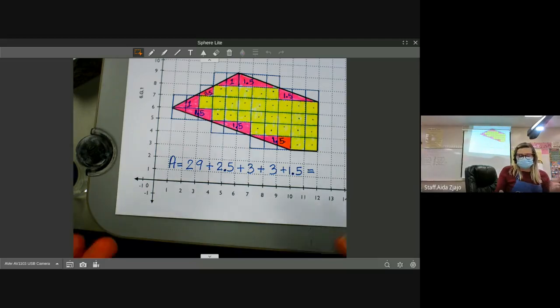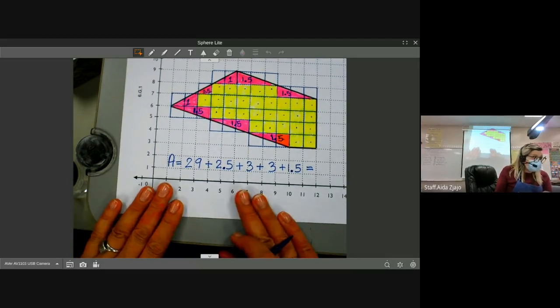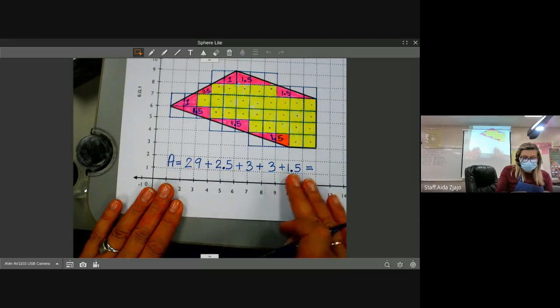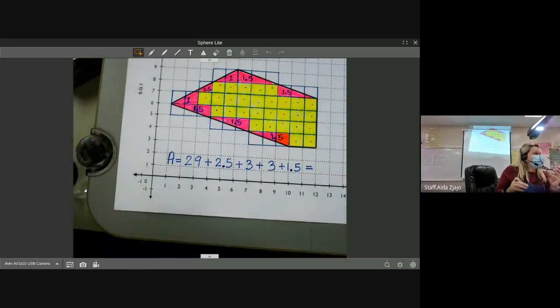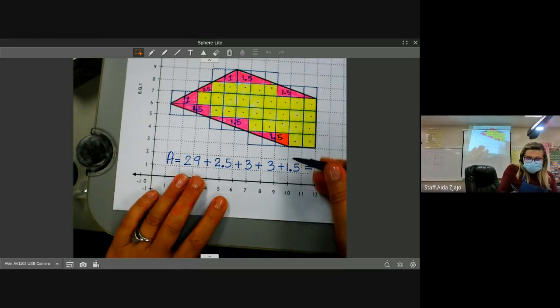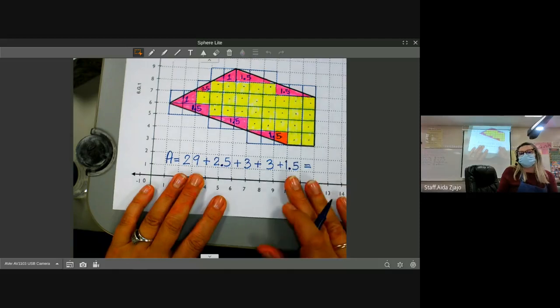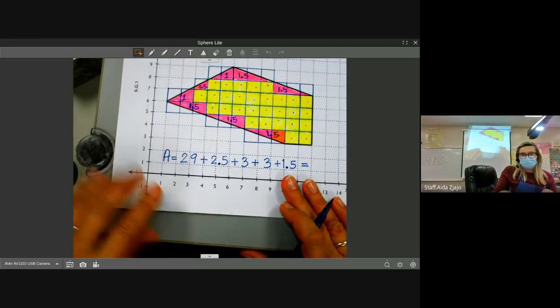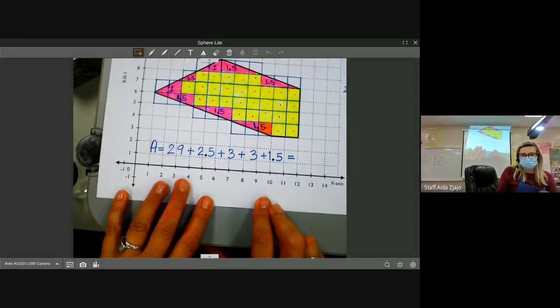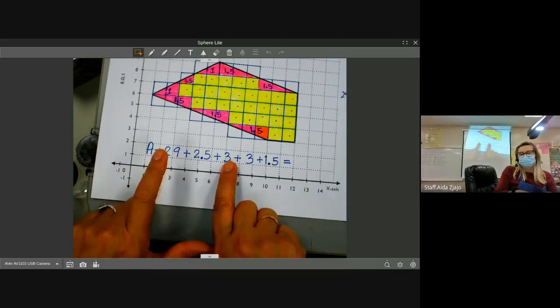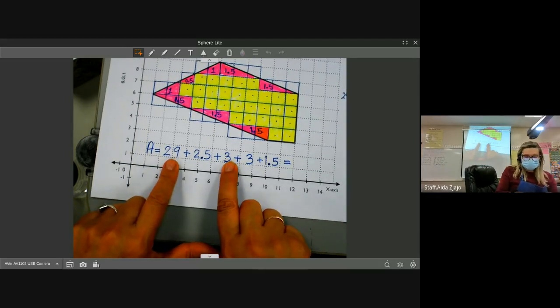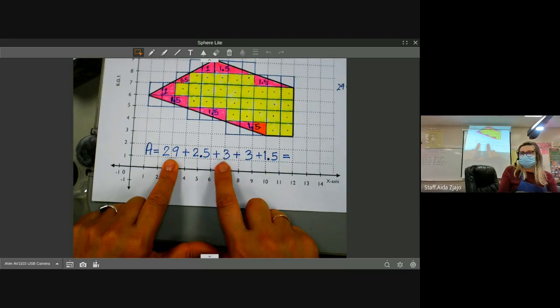Can I help myself to combine the whole numbers first? If I do mental math, what whole numbers do you see? 3 and 3, and so what is it? 3 plus 3 is 6, correct?